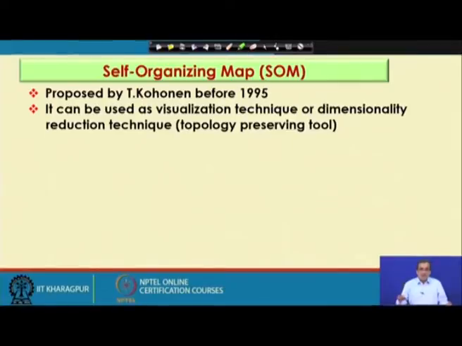Unlike the other two methods which I have already discussed, this method is a topology preserving tool. That means not only the Euclidean distance we try to keep intact, but also the relative position of the second point with respect to the first we try to keep intact.